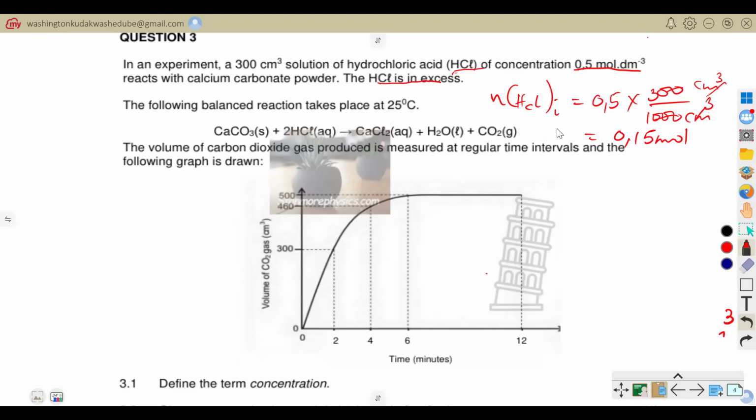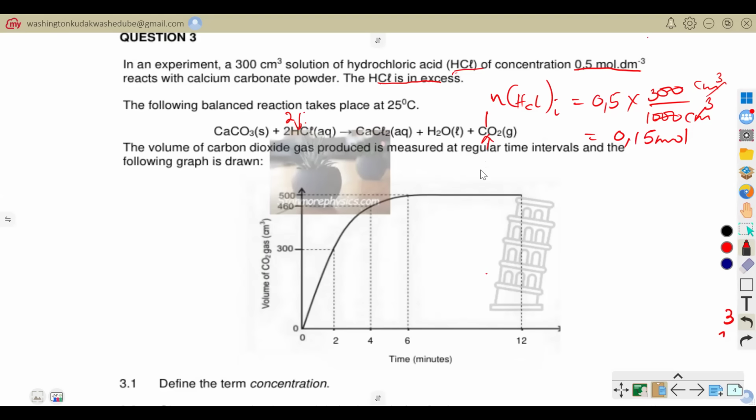And then now we want to see the number of moles of HCl that reacted. We know the number of moles of carbon dioxide that we produced, and then we can use the molar ratio of this reaction to find the number of moles of HCl that reacted. The molar ratio there is 1 to 2. So 2 moles of HCl react to produce 1 mole of carbon dioxide.